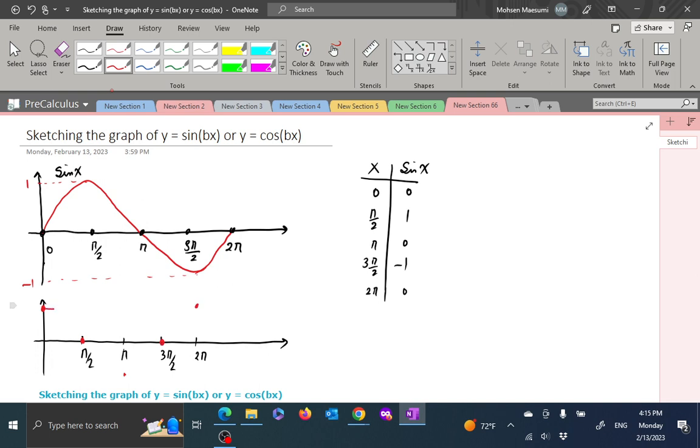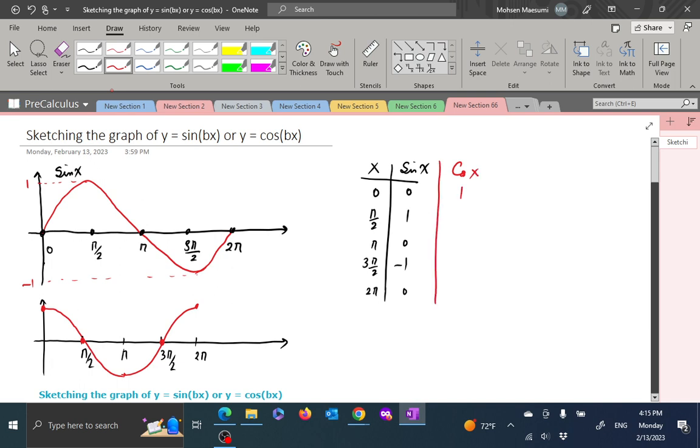So the fundamental cycle looks like this. Cosine of x was starting at 1, then 0, then minus 1, and then 0 again, and back to 1. So that was for the cosine.